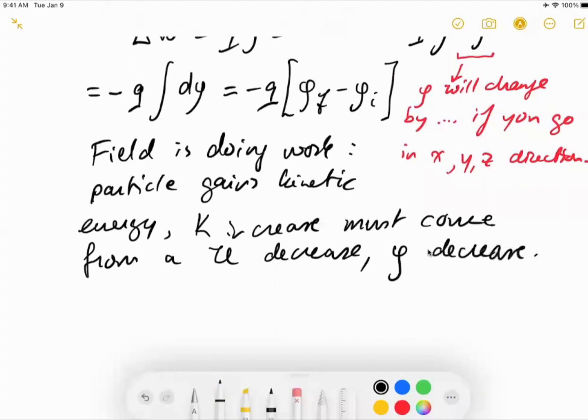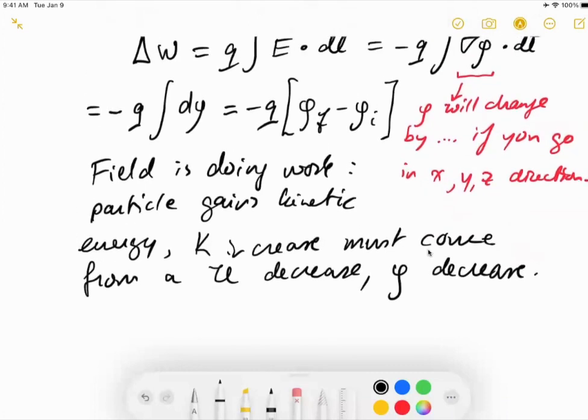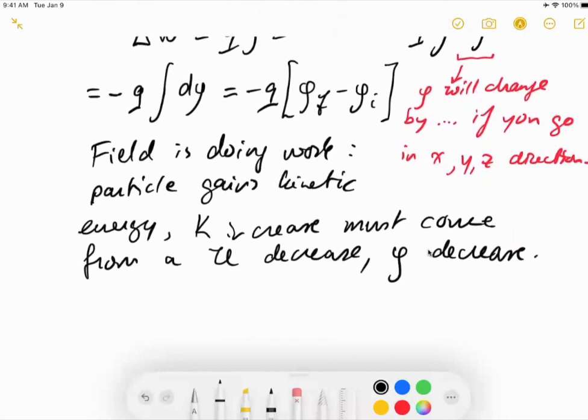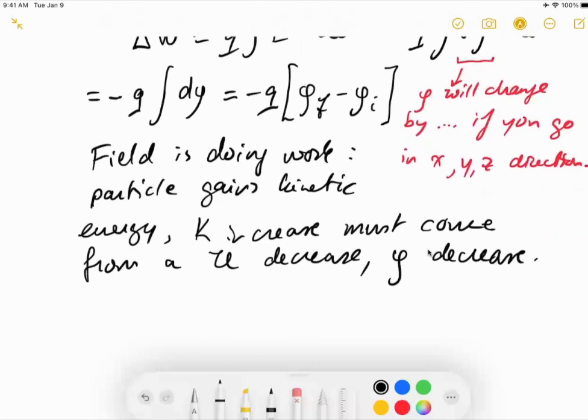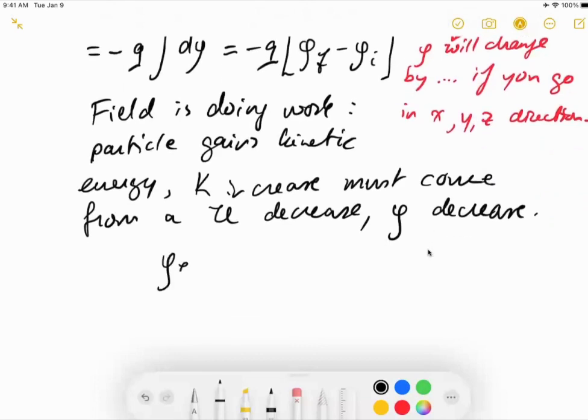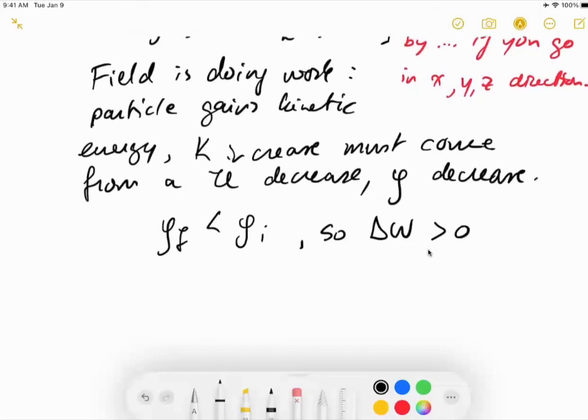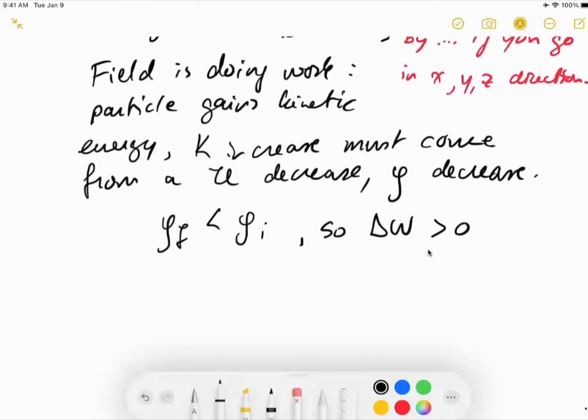According to that definition, phi final needs to be lower than phi initial because the potential needs to go down. So if that's lower, then the work will still be positive, and we are all good.